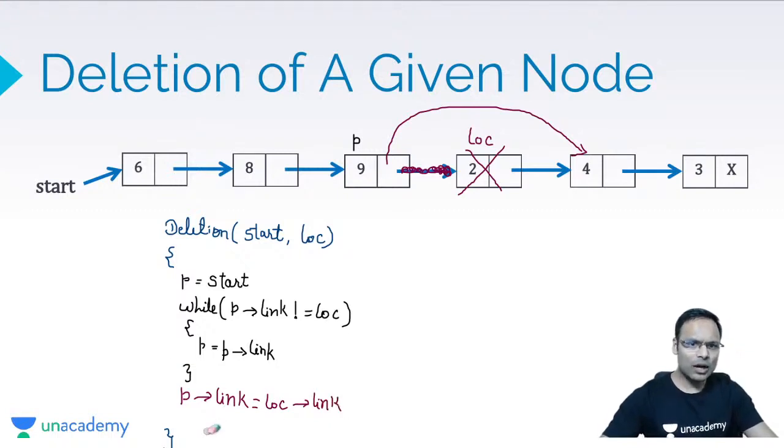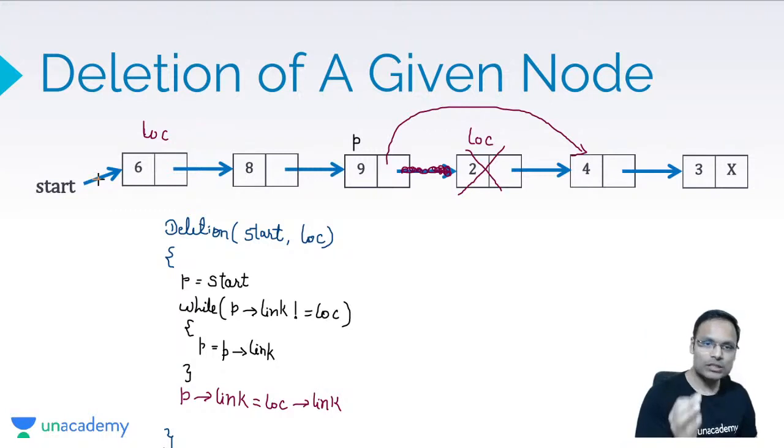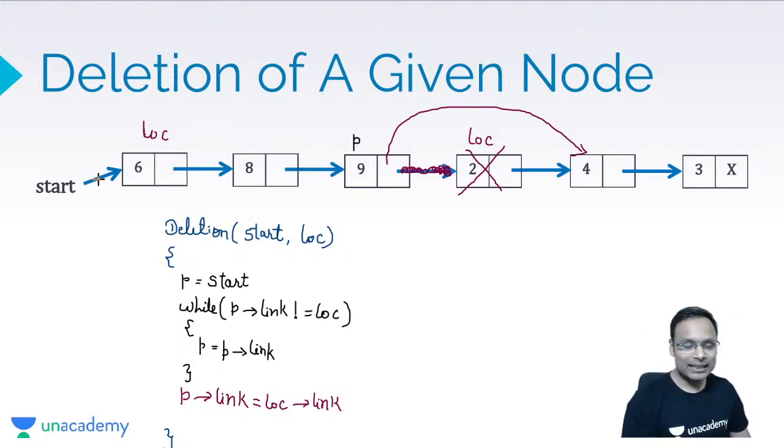But here also I'll have to handle one boundary condition. What is the boundary condition? अगर LOC पहली ही node का address given होता तो, if LOC is the first node's address only, then in that case, can I find the predecessor of LOC? There is no predecessor of LOC at all.